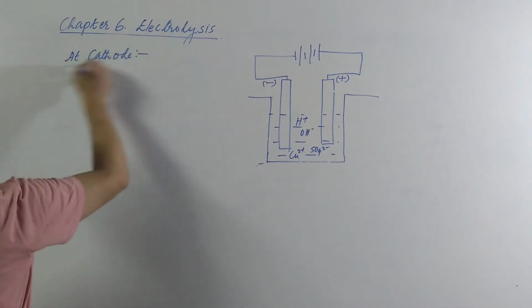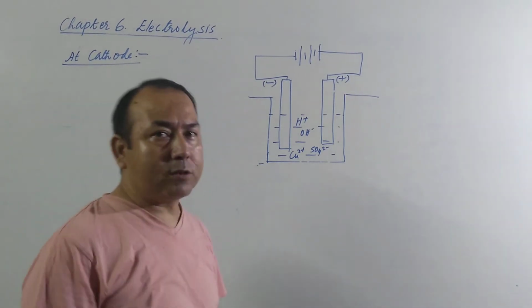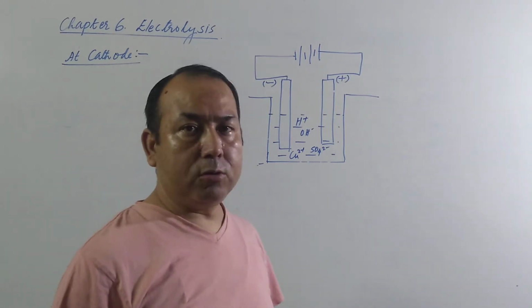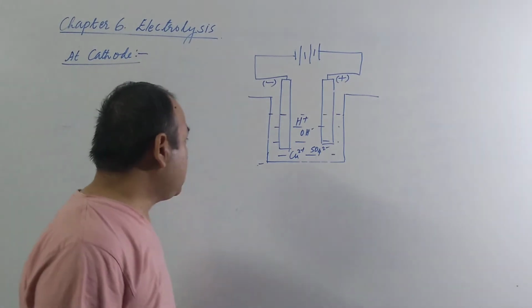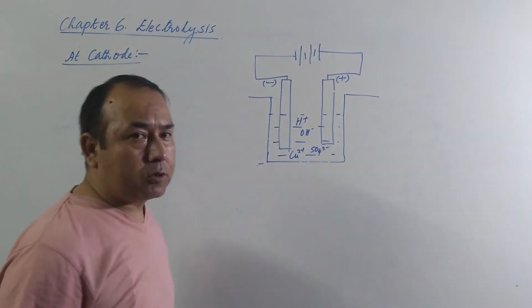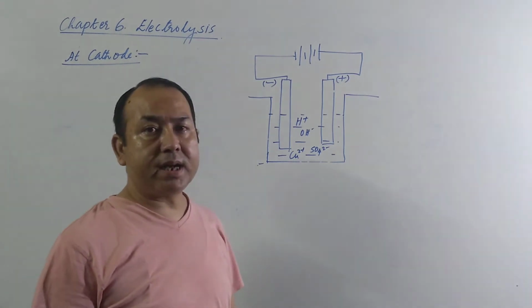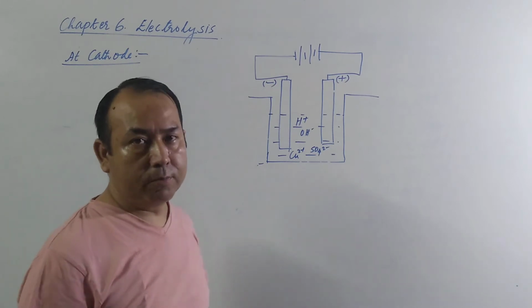As the electric current is passed through the electrolyte, the ions start moving. The cations move towards the cathode and the anions move towards the anode. There are 2 different types of cations, copper ion and hydrogen ion. Both of them will get attracted towards the negatively charged electrode.